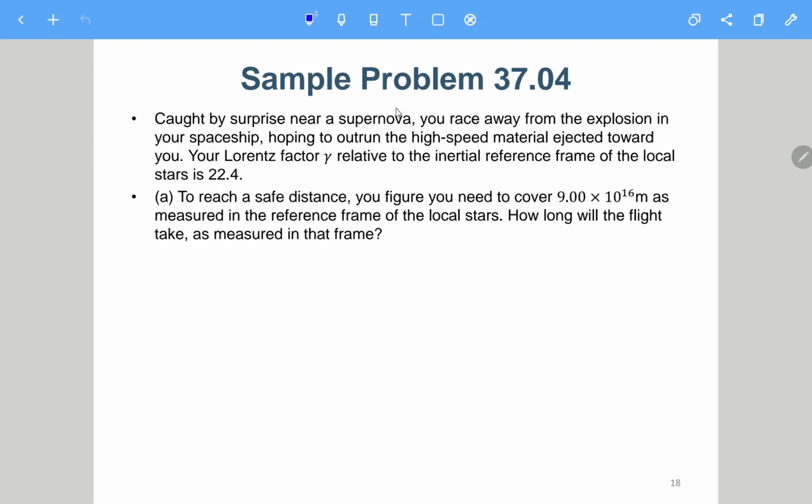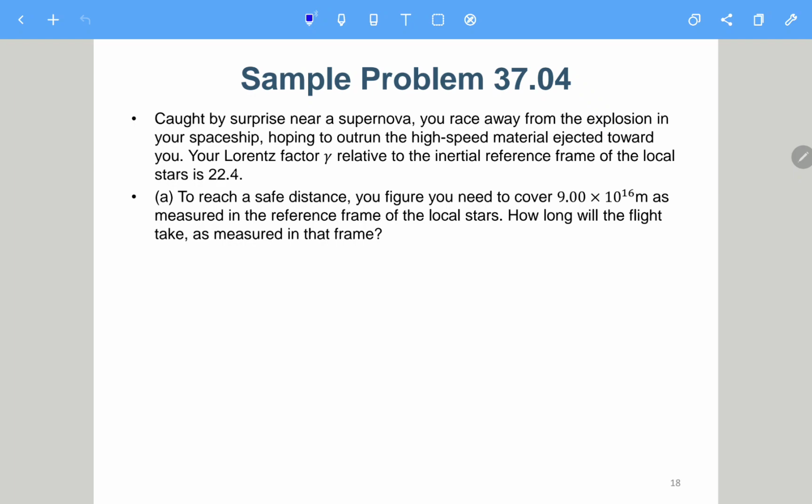A supernova explodes after a star collapses to a certain point. So you hope not to be hit by the high-speed material produced in the explosion. Your Lorentz factor gamma relative to the inertial reference frame of the local star is 22.4.